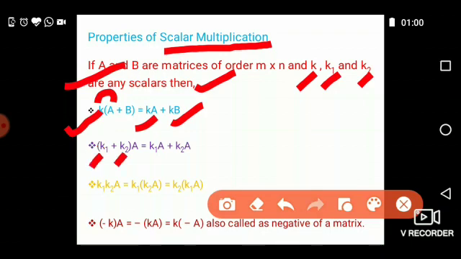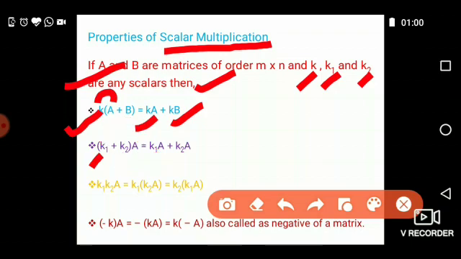K1 plus K2 into matrix A, where K1 and K2 are real numbers, can be represented by K1 into A plus K2 into A. Therefore, if any two real numbers are added and multiplied by A, then that can be written as K1A plus K2A.